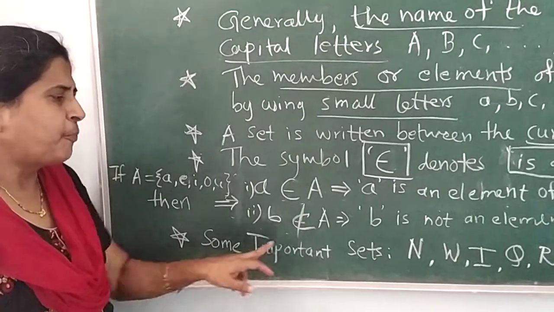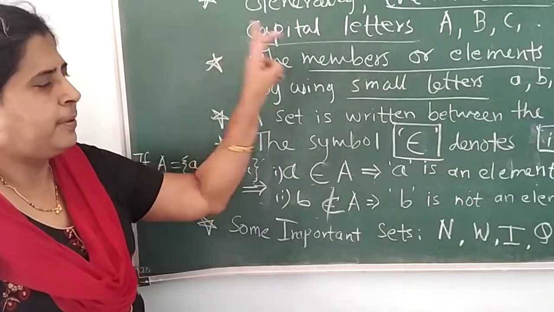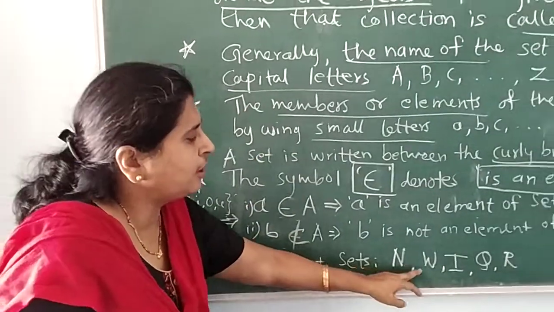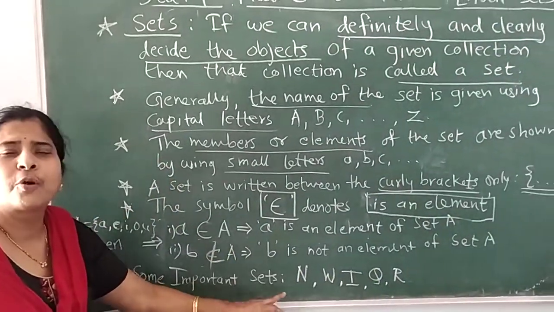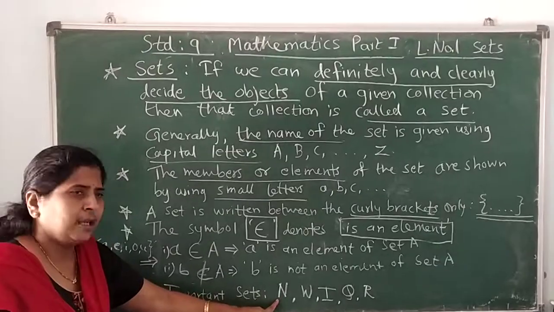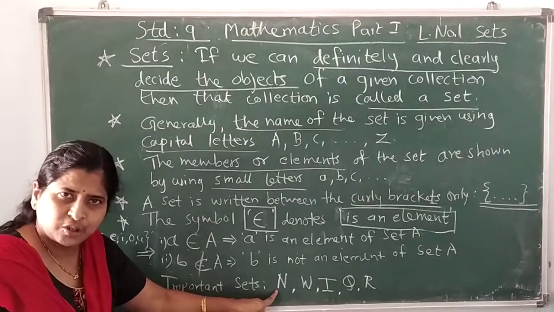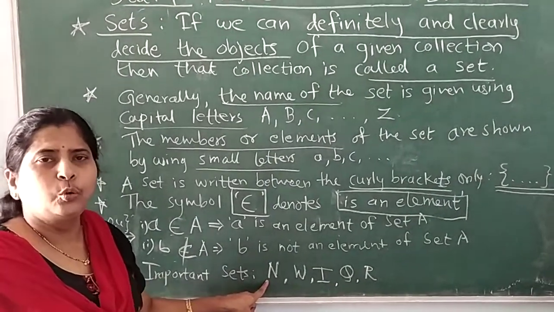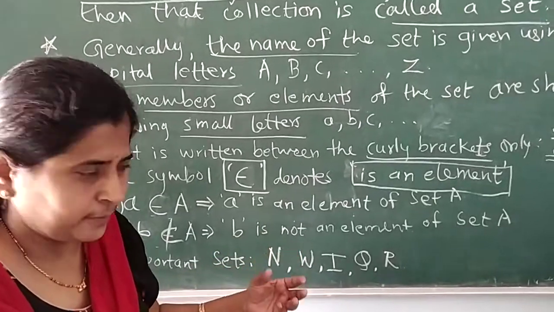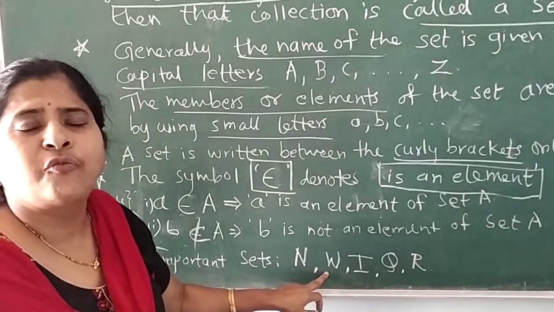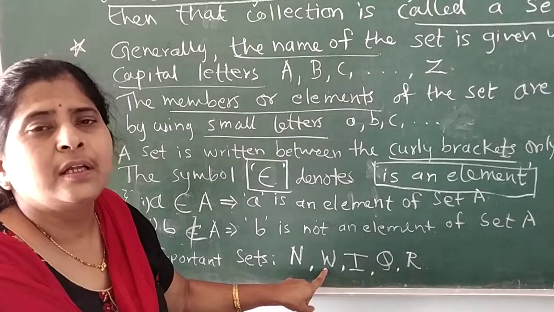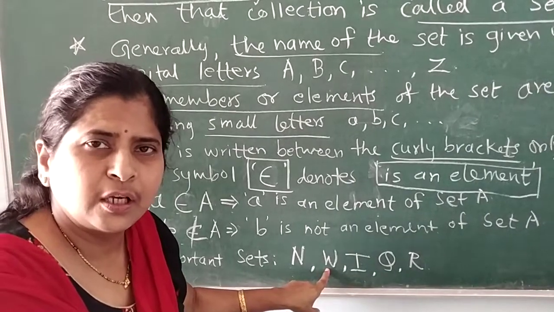Now let's see some important sets from the alphabet, the 26 letters. These particular letters are used for particular sets. N is the set of all natural numbers, starting with 1, 2, 3 and so on. W is the set of whole numbers, starting with 0, 1, 2, 3 and so on.